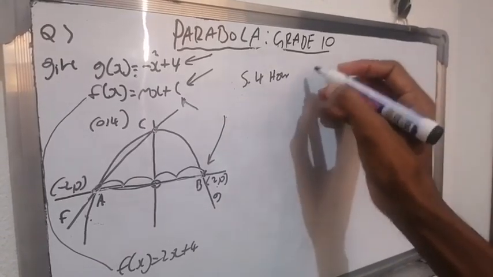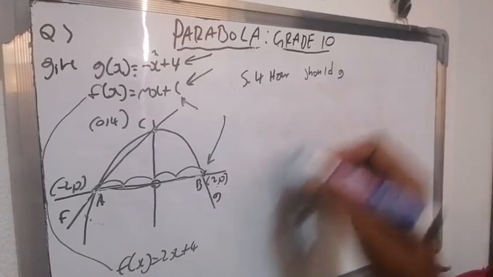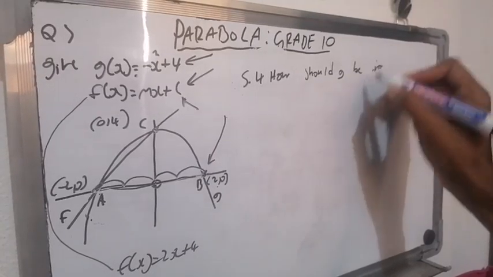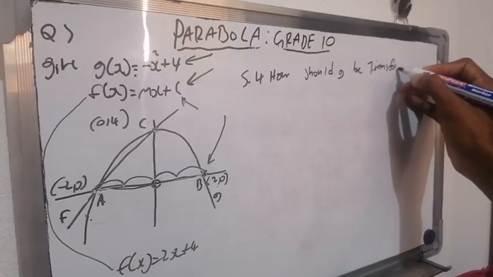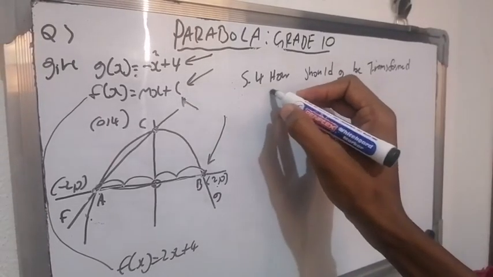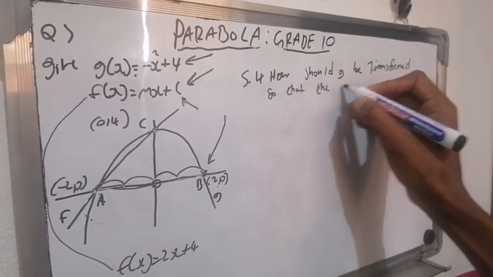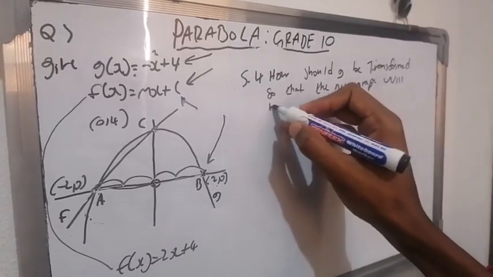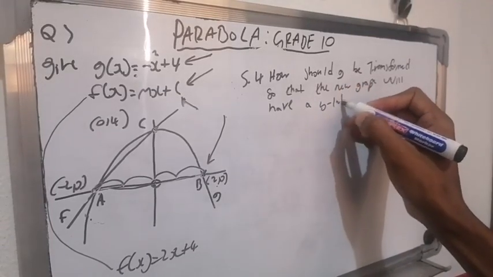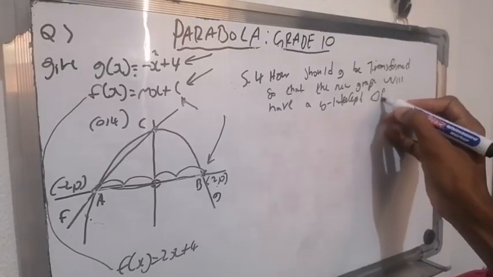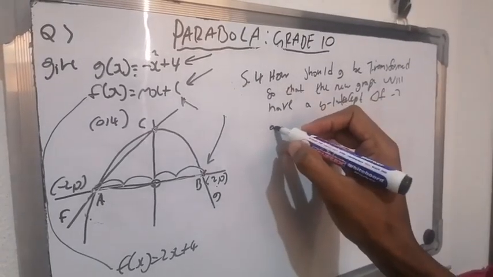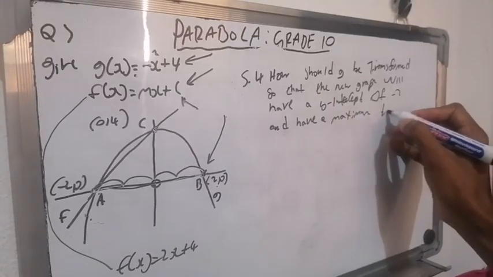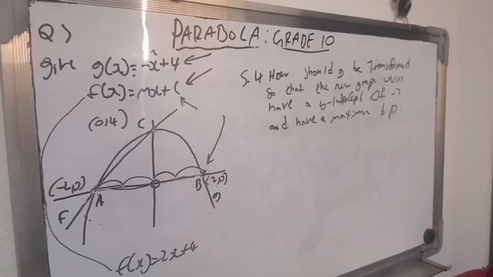They said, how should g, they're referring to the graph of the parabola, how should g be transformed so that the new graph will have a y-intercept of -2 and still have a maximum turning point. Let's discuss a few things here.